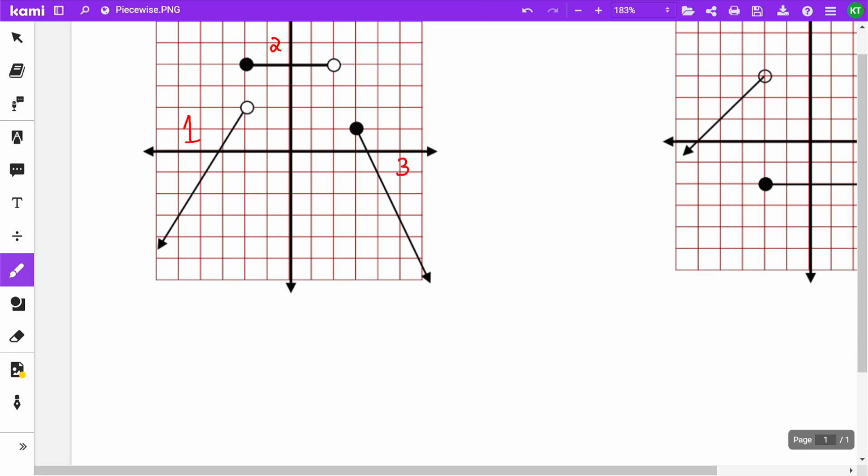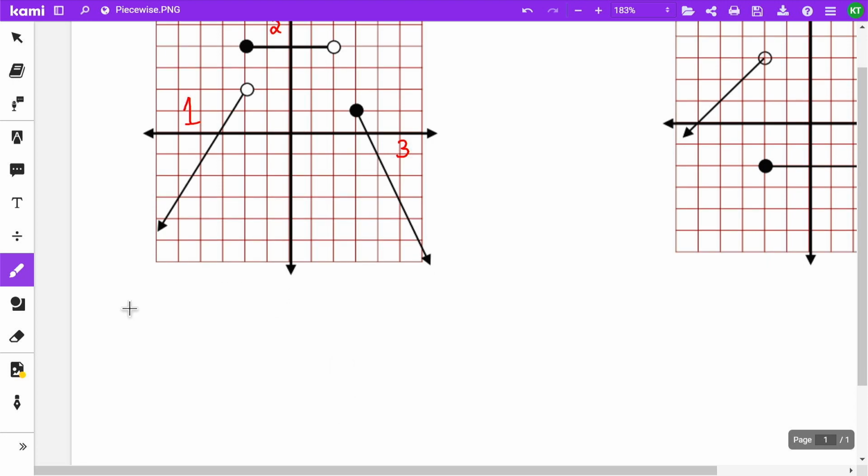Now, when we write our equations, preferably we should write these in point-slope form. So the two things we need again for point-slope form are a point and our slope. So let's say f of x is going to be equal to, we're going to write our first one here.